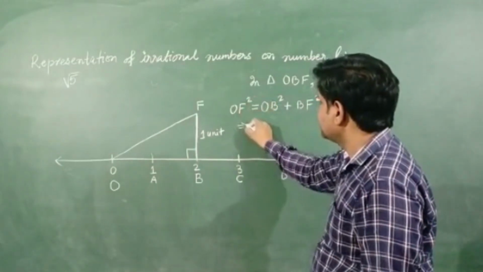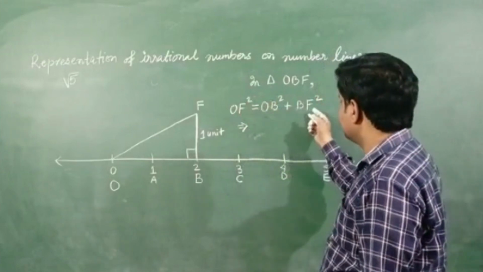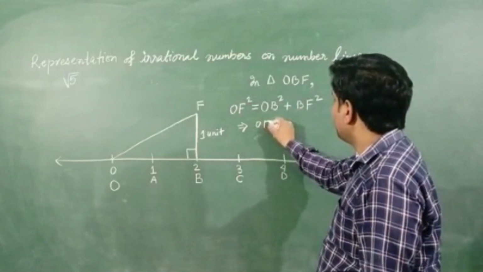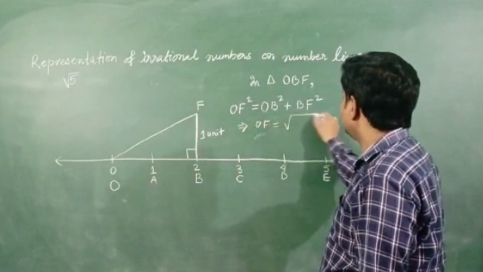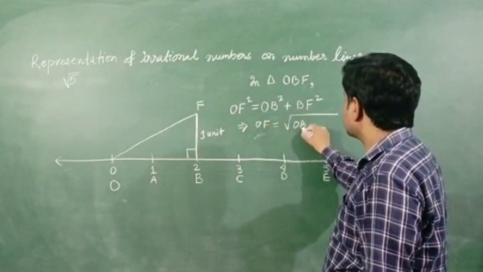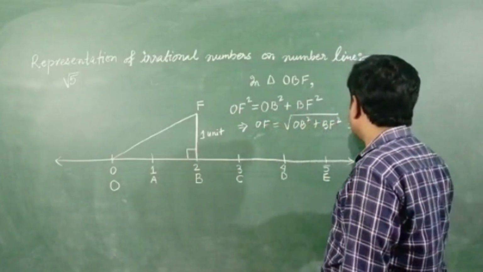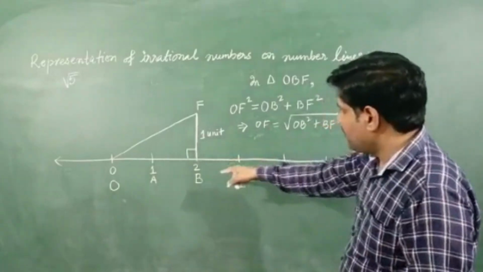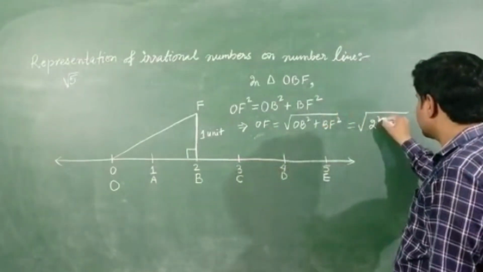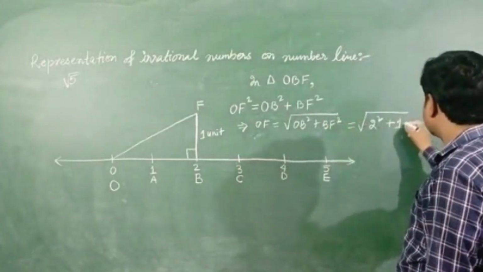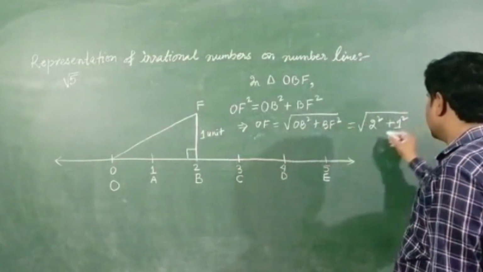So now we have OF is under root OB squared plus BF squared. Now what is OB? OB is 2 units, so we put 2 squared, and BF, again we have taken 1 unit, so we take it as 1 squared.